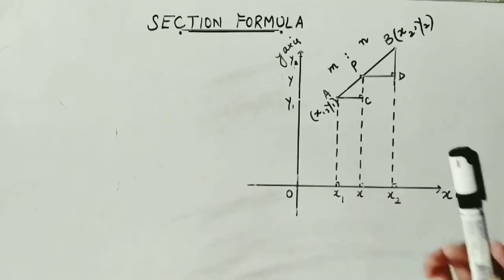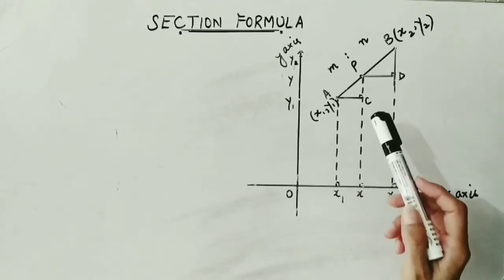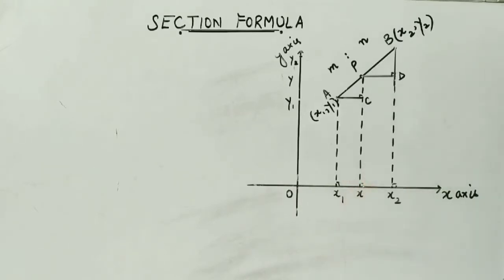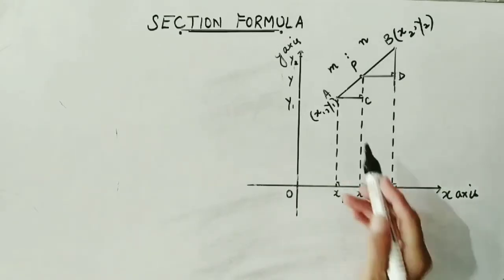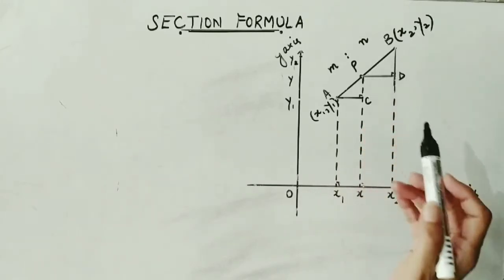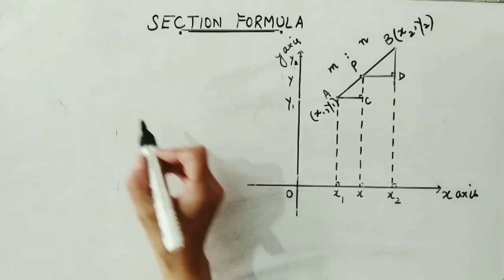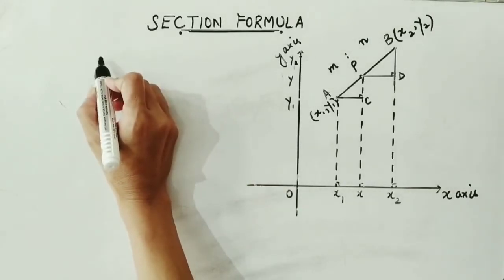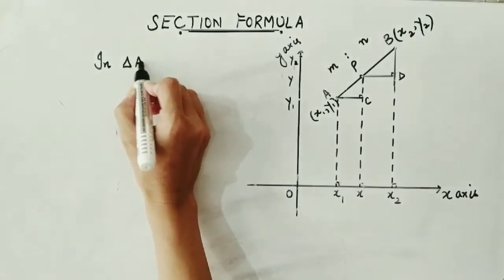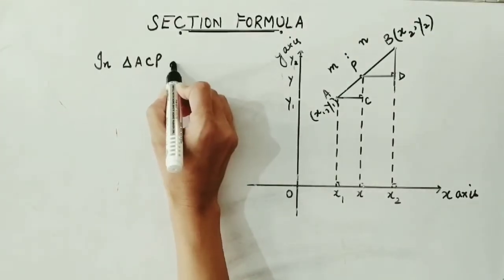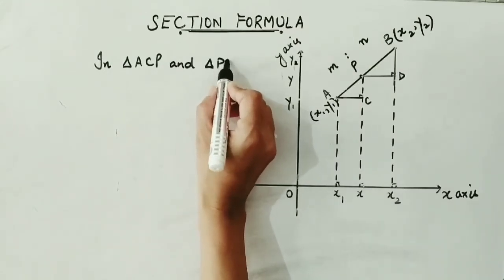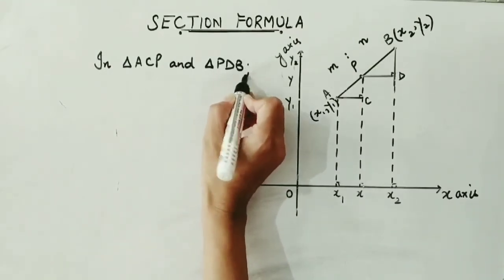Now, we need to understand and apply the concept of similarity for triangles ACP and PDB. I am talking about triangle ACP and triangle PDB.